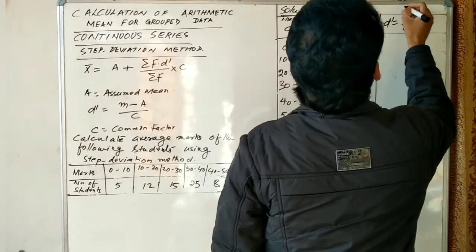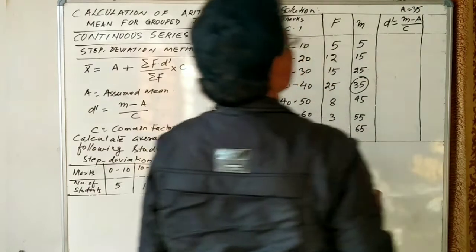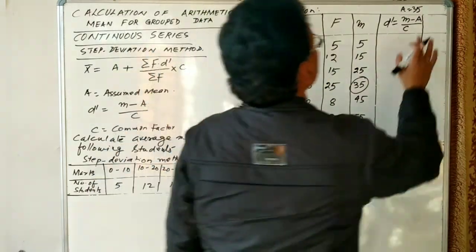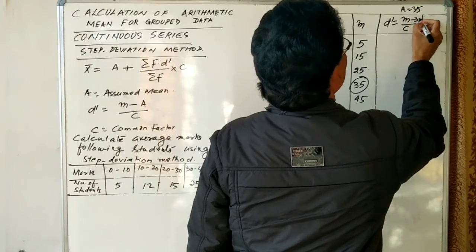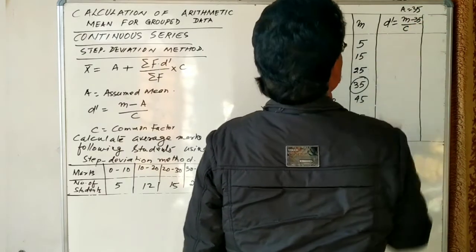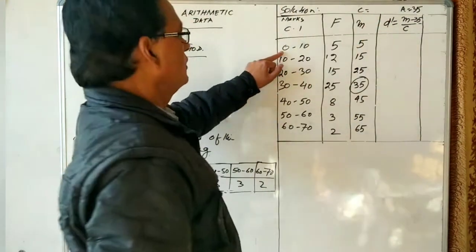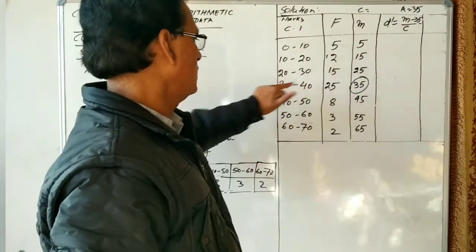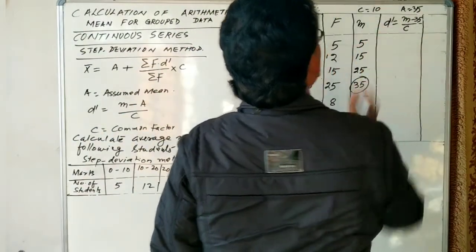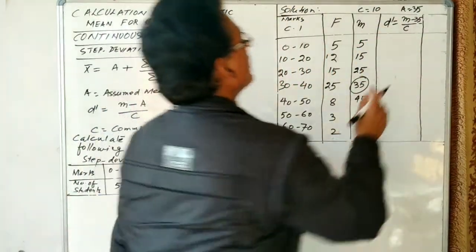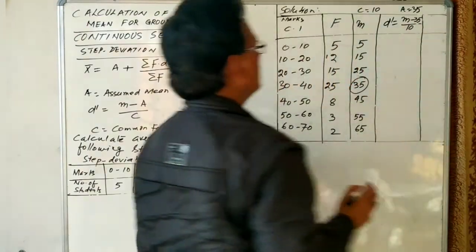So A is equal to 35. So here we can write down 35. C is a common factor: 0 to 10, 10 to 20, 20 to 30. It means common factor is how much? 10. So C is 10. We can write down 10 over here. I think it's clear to all of you.